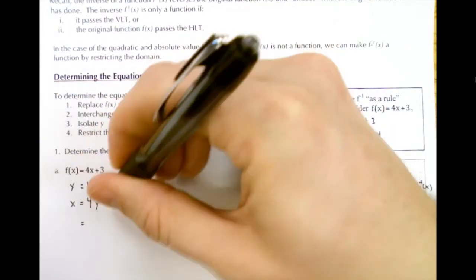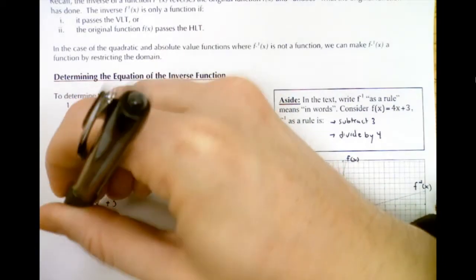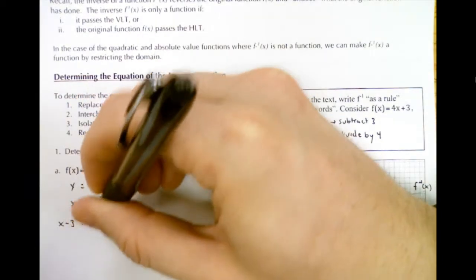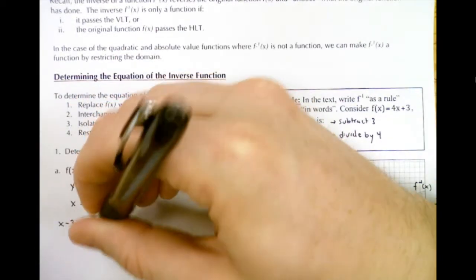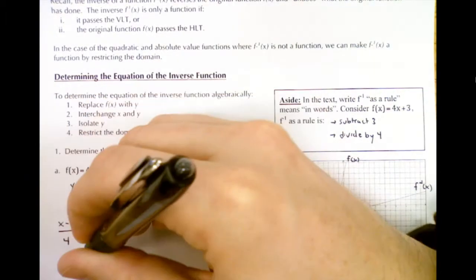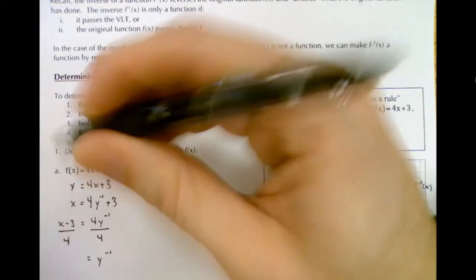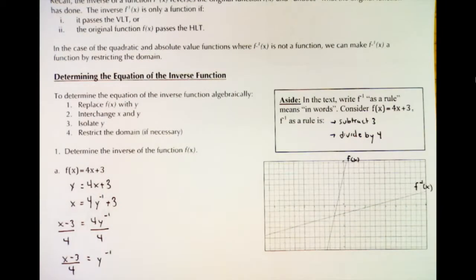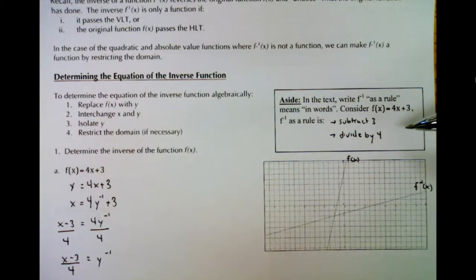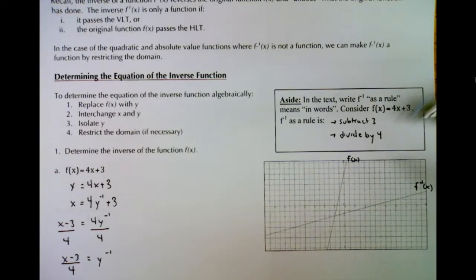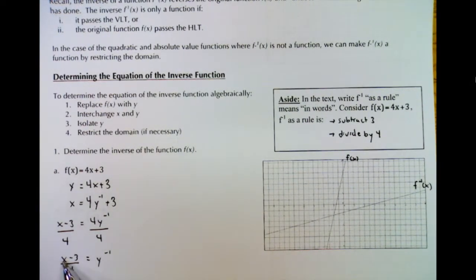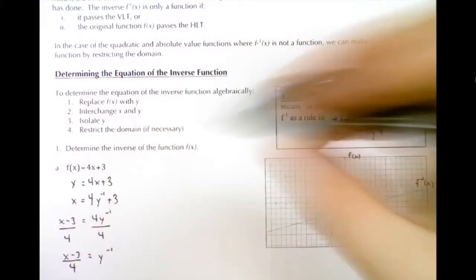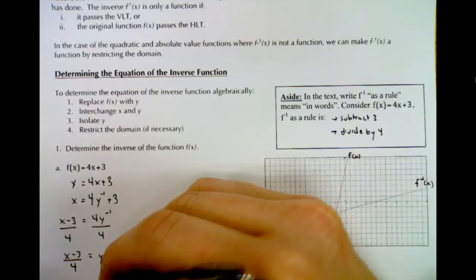So to do that, we need to subtract 3, move the 3 over, and then divide both sides by 4. And that gives us y inverse is x minus 3 divided by 4. And if we look at the rule we came up with, well, the rule was subtract 3, divide by 4, and that's exactly what we're doing. X, subtract 3, and then divide your answer by 4. And since this is a function, we're going to designate it with function notation.